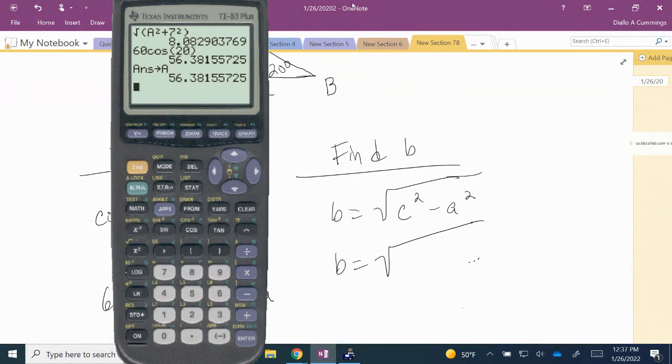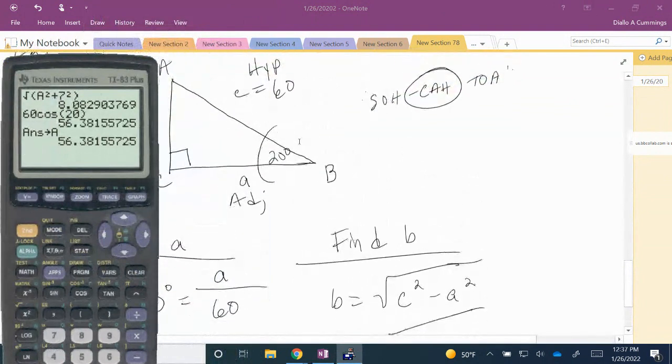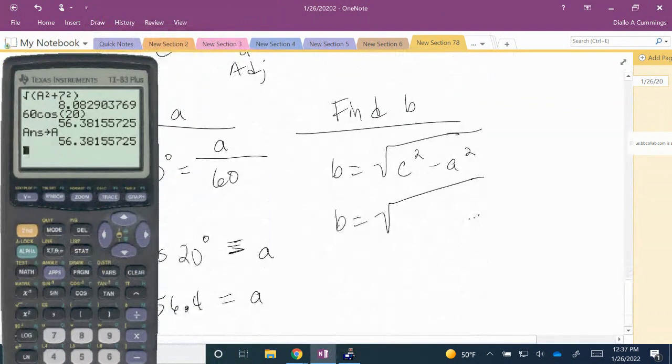So B is equal to the square root of C squared, so C is 60. That's 60 squared minus A squared, which is 56.381. That keeps on going.